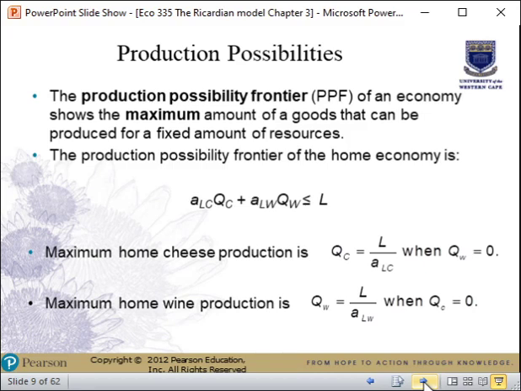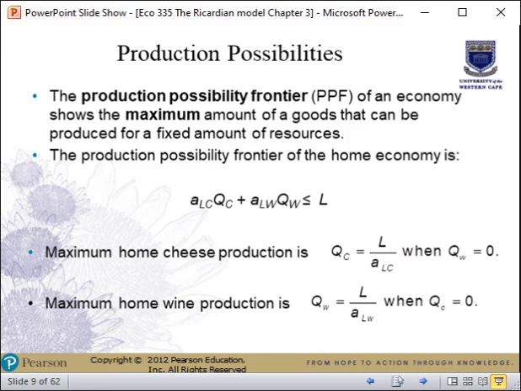The home country's PPC of cheese and wine is best described by an inequality, which just reflects that the total quantity of hours used to produce both cheese and wine should not exceed the total labor hours that the economy has.